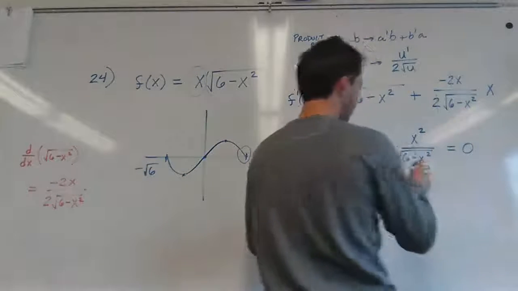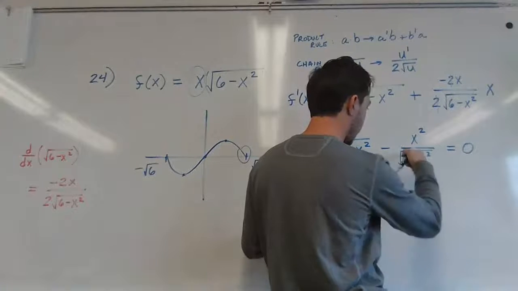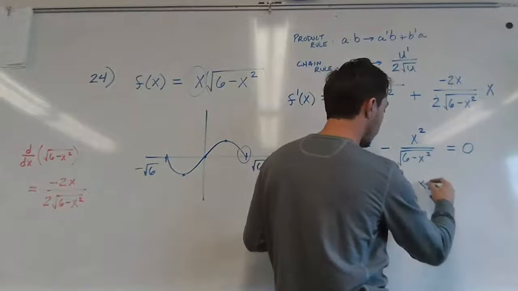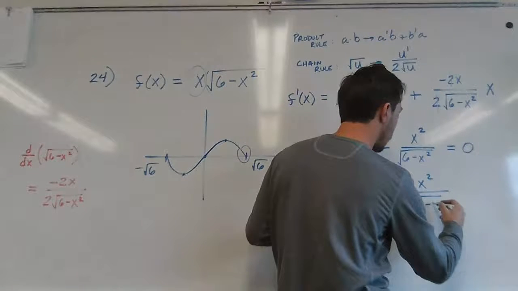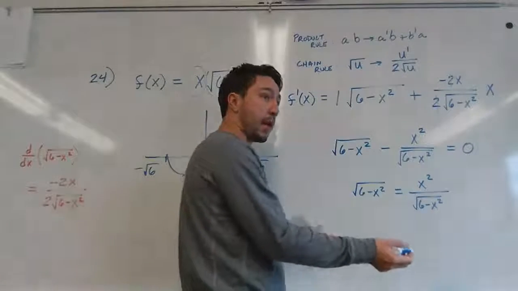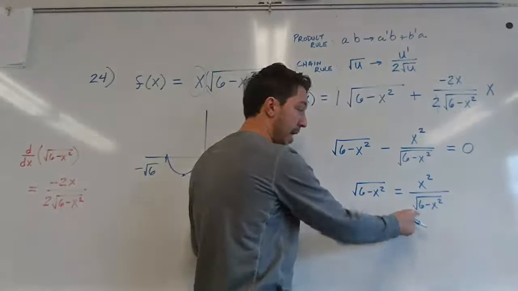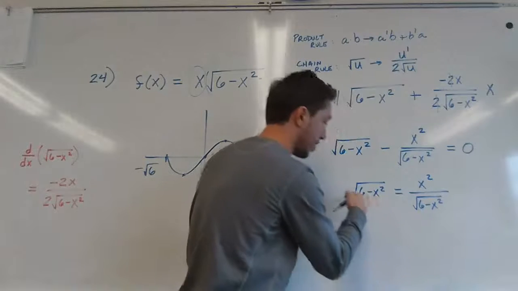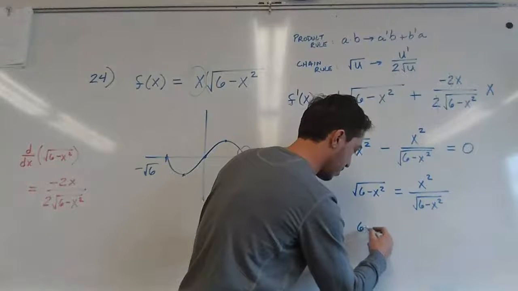Is it okay if I just do it the other way, if I just move this guy instead? Yeah, it's a great idea. And then multiply both sides by this expression, by this denominator. And it would read, so what's this times this? 6 minus x squared.